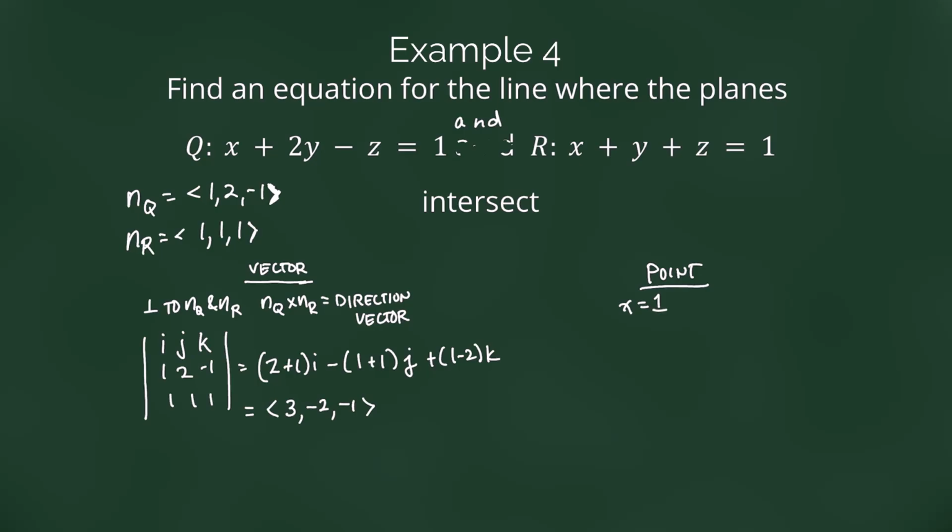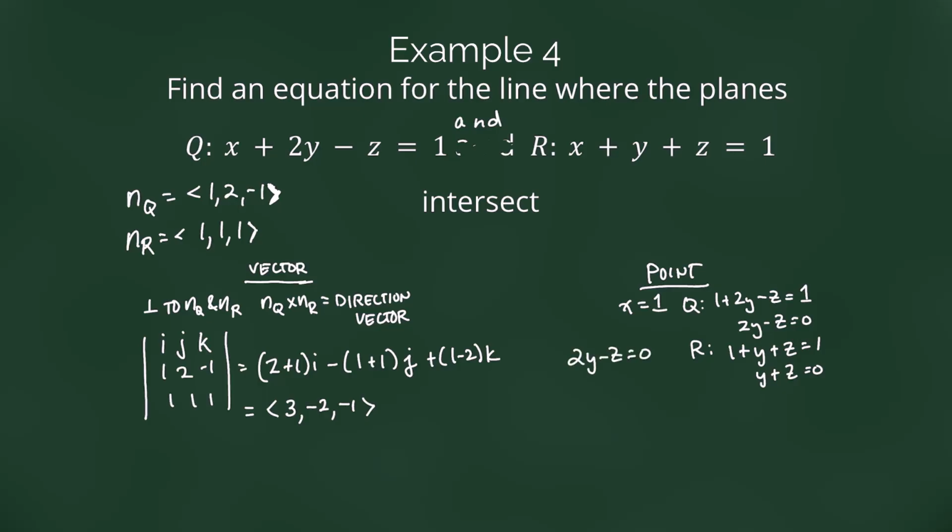So I'm going to let x be 1. And so when I do that on plane Q, I'm going to now have 1 plus 2y minus z equals 1, which is equivalent to saying that 2y minus z is 0. And on plane R, I'm going to have 1 plus y plus z equals 1, which gives me that y plus z equals 0. So now I have two equations in two variables.